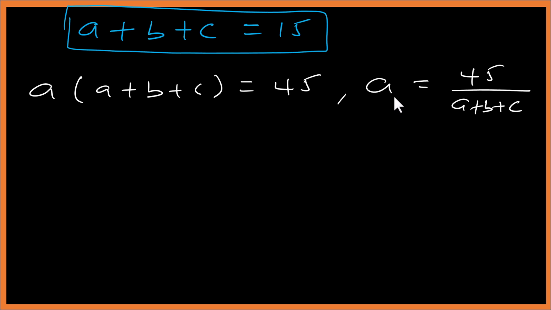But a plus b plus c is 15. Therefore, a is 45 over 15, which is 3. So 3 times 15 is 45.